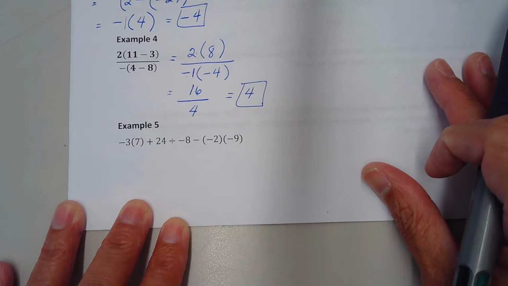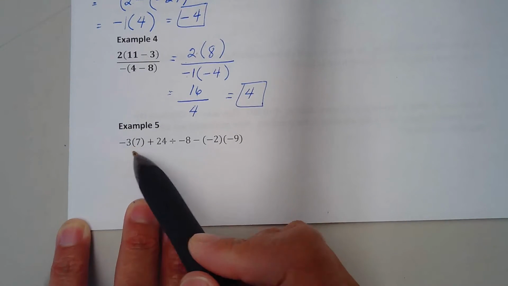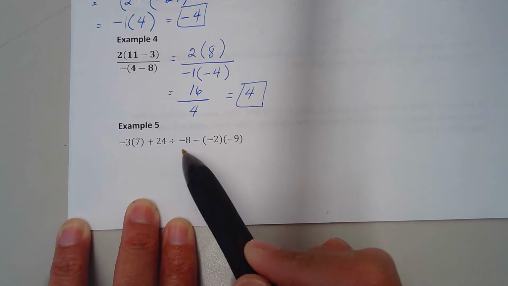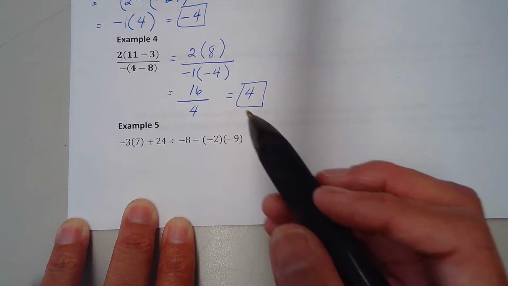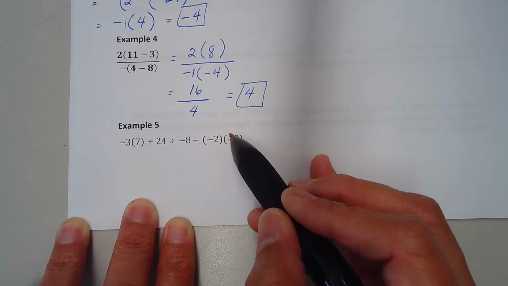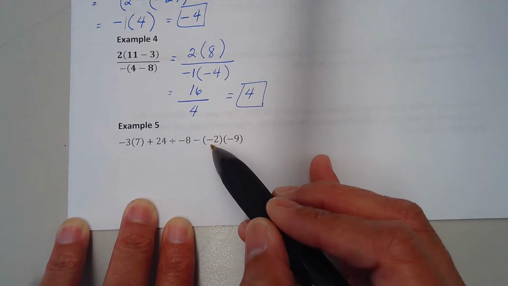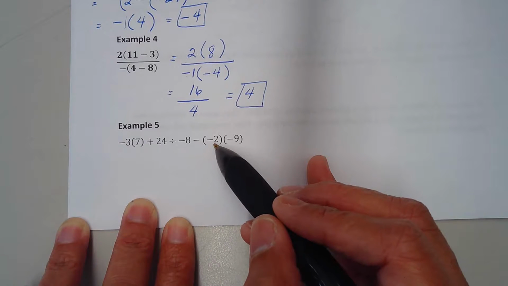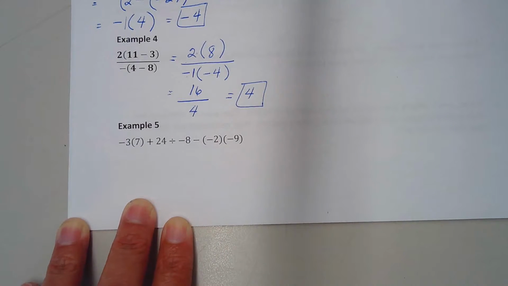Okay, example 5. What operation do you see in here? Multiplication, addition, division. Okay, which one are we going to do first? Brackets. Within the brackets, it's just -9, right? There's nothing to work out there. Even though we see lots of brackets in here, there's nothing to work out inside the brackets.